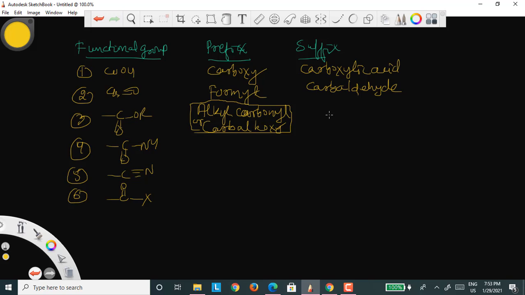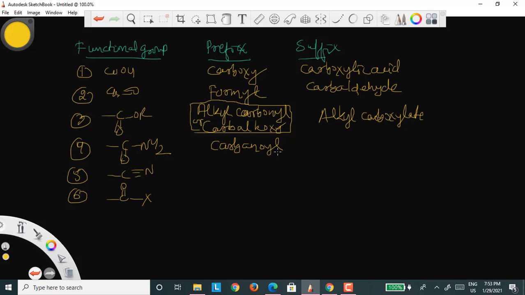Next, if it is a suffix, then alkyl carboxylate. And CONH2, suppose you are taking, this is carbamyl.